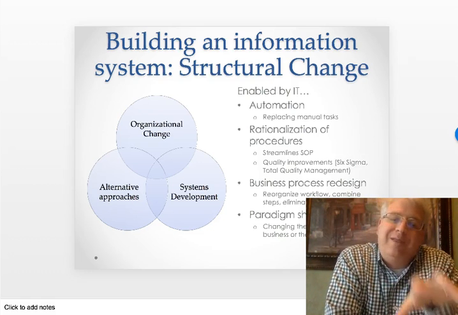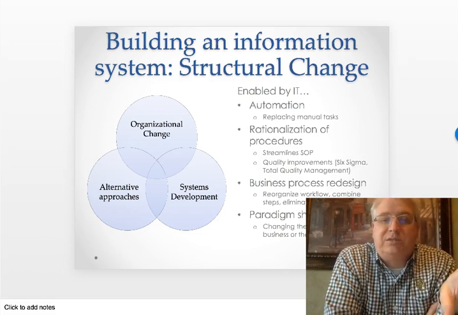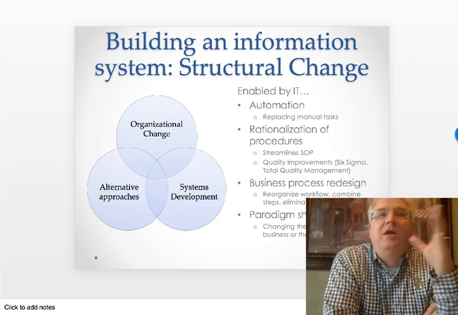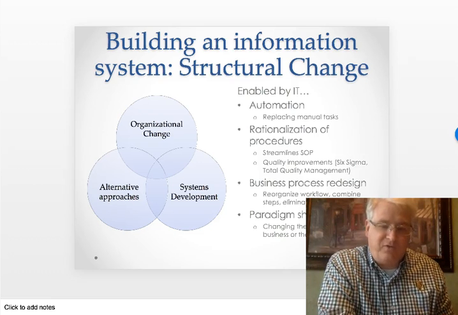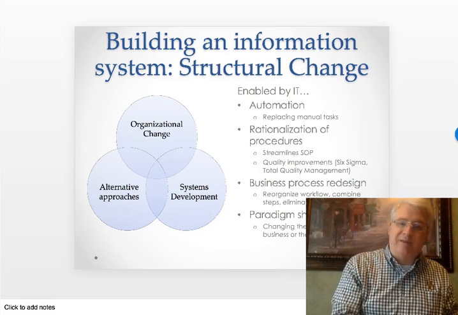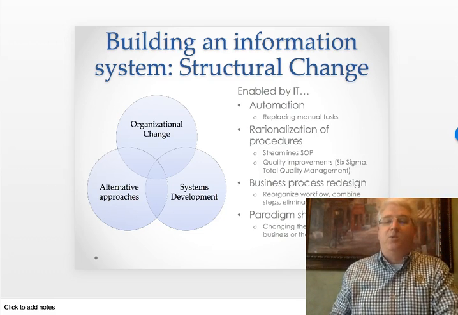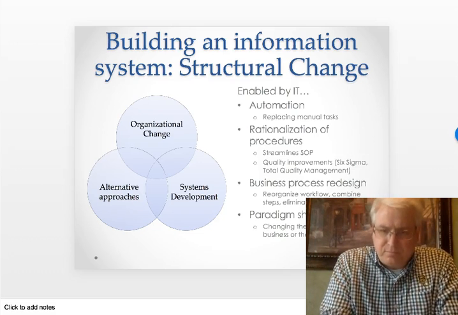Well, you can do some of that same kind of thing by taking information systems to help standardize. If something is supposed to be done the same way over and over and over again in a particular area, perhaps you can simply automate that, or you can use information systems to make that more convenient.